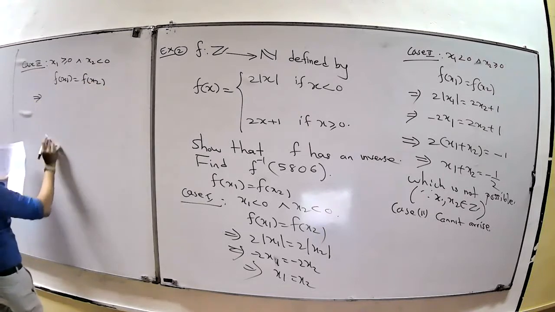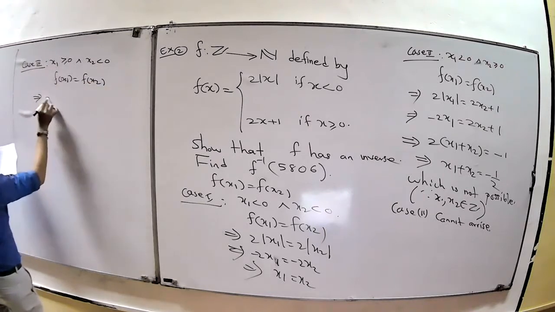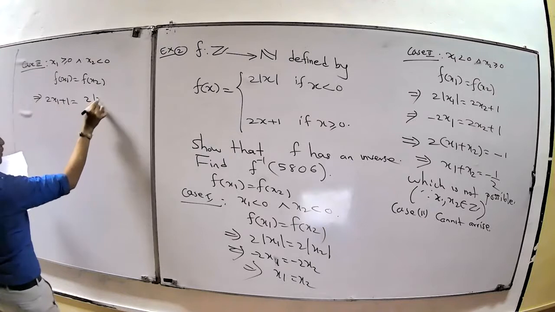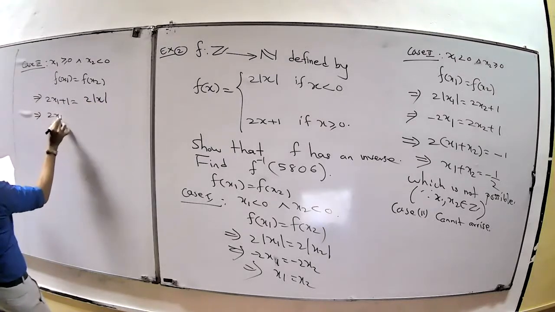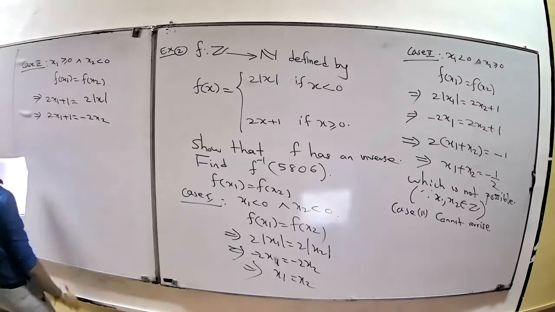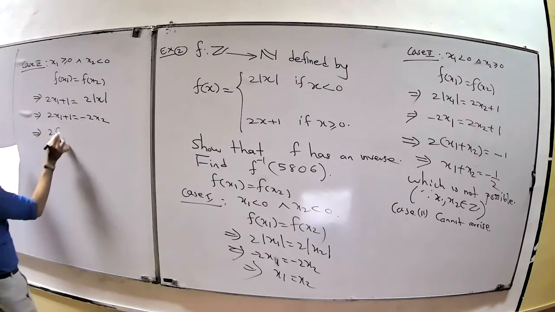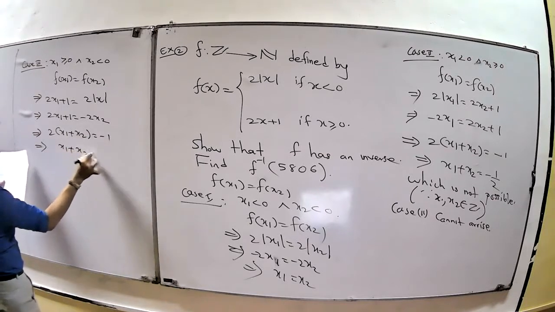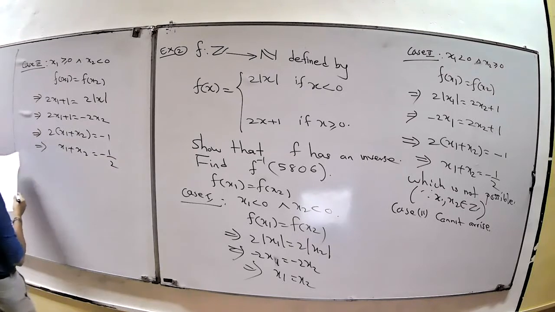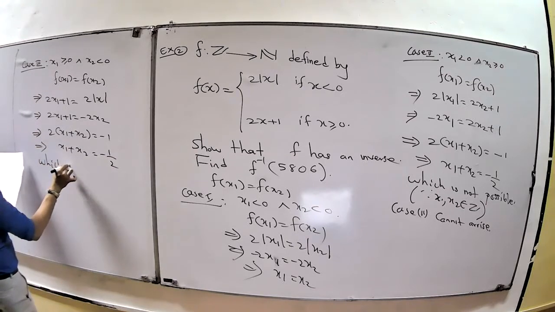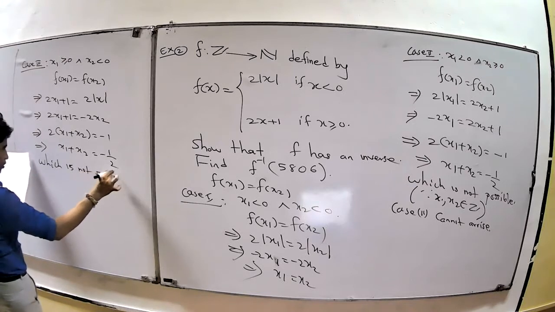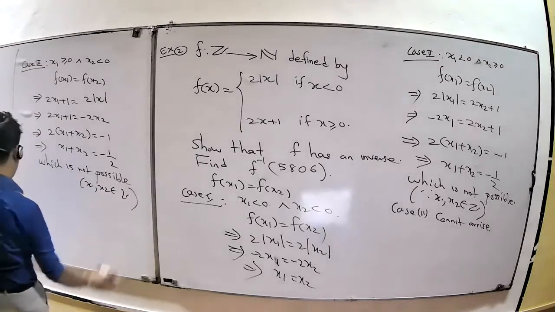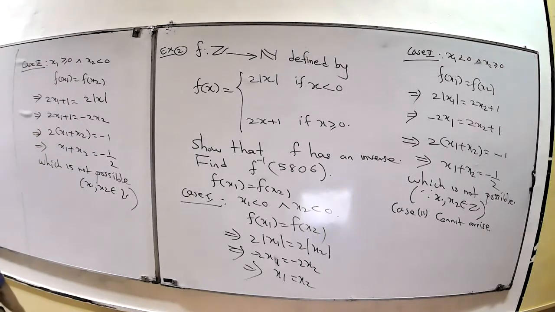Here x1 greater than or equal to 0 means 2x1 plus 1. x2 less than 0 means you take 2 modulus of x2, which gives minus 2x2. So 2x1 plus 1 equals minus 2x2. Now 2 times (x1 plus x2) equals minus 1, so x1 plus x2 equals minus half. It is not possible again because x1 and x2 belong to the integer numbers. If you add 2 integers, you get another integer, you can't get a fraction number here.